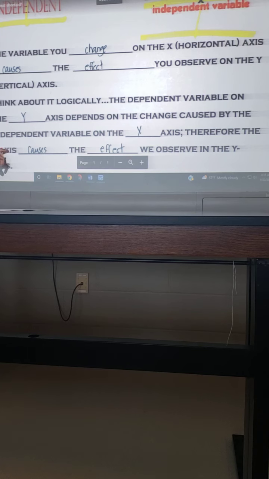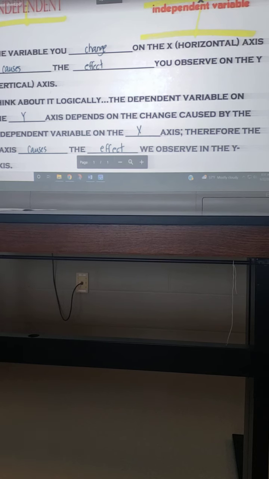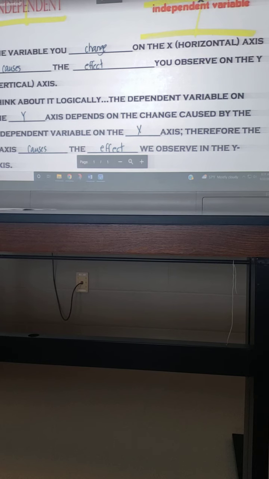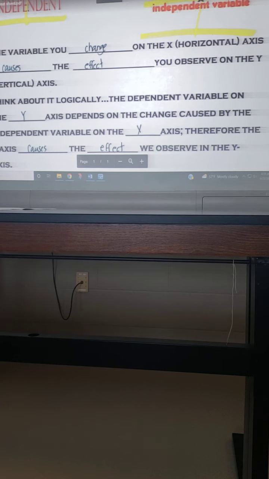Therefore, the X-axis causes the effect that we observe on the Y. And so that just kind of reinforces what our variables do, and it reinforces how it works on our graph.